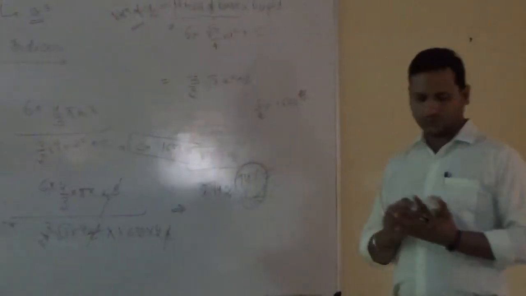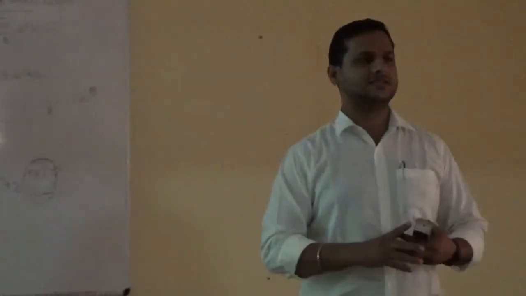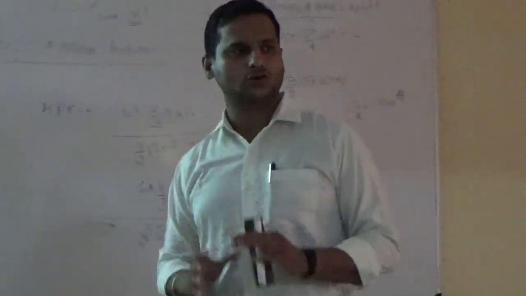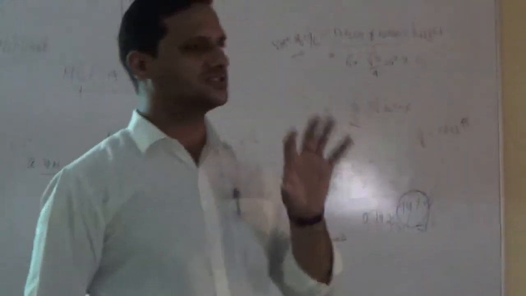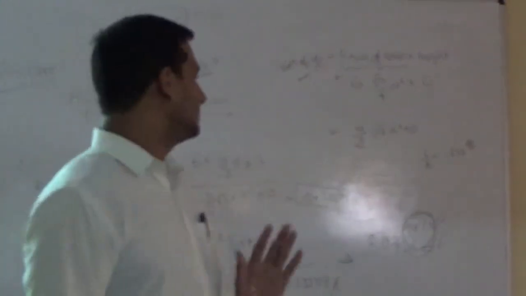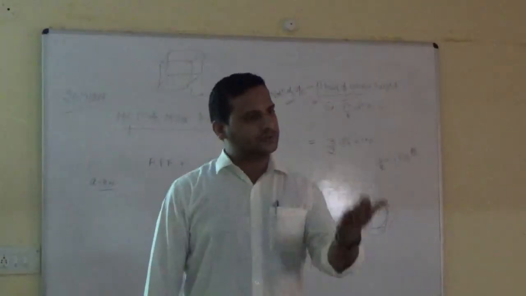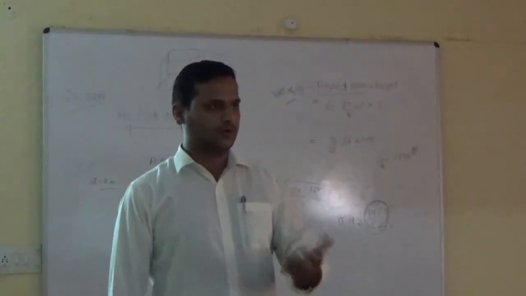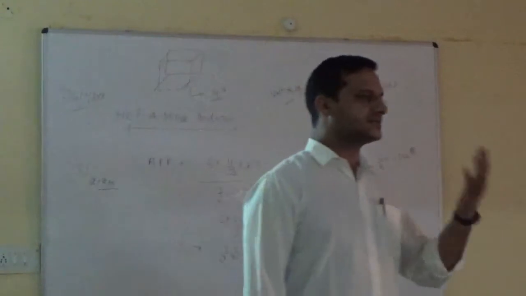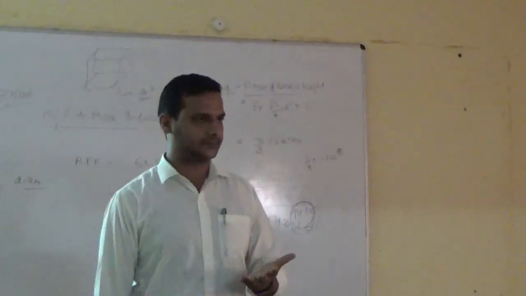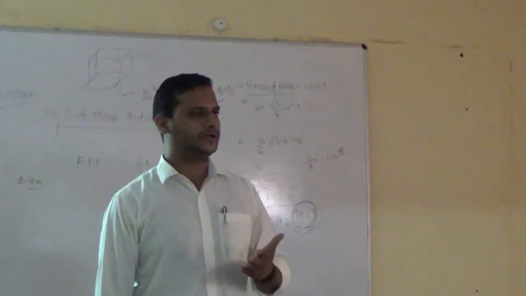Depending upon this 74% value, we can say that the hexagonal close packed structure is a highly dense structure, and 74% is occupied by the atoms themselves. The voids present in the hexagonal close packed structure are only 26%.